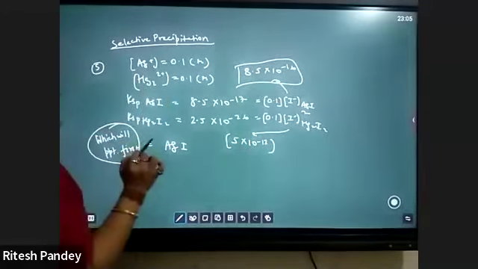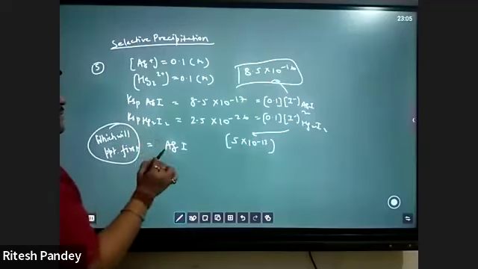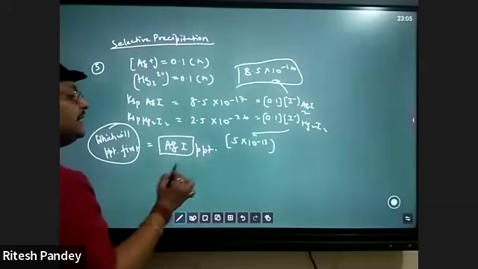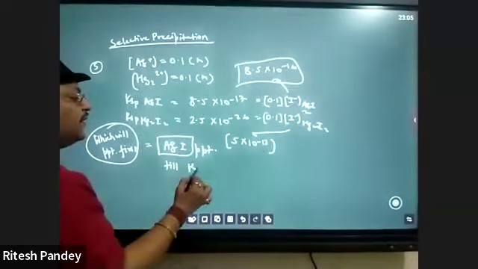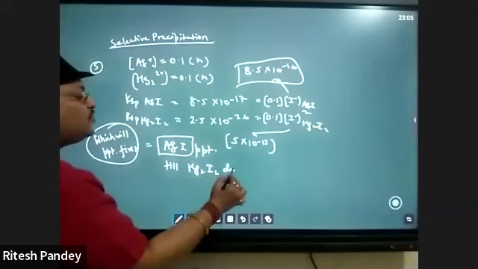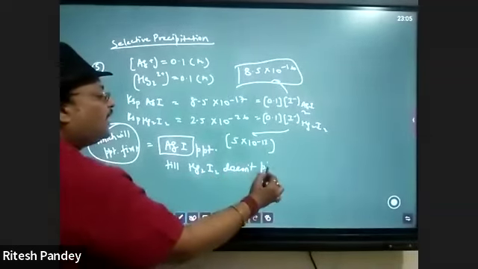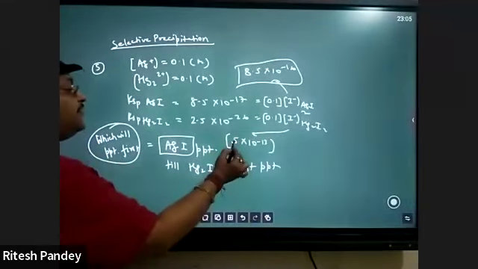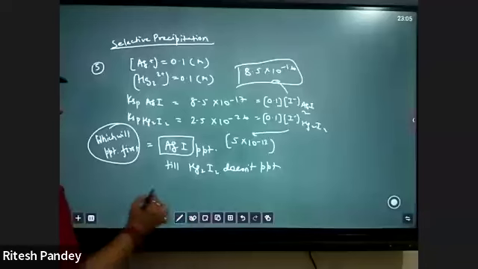Now, what is selective precipitation? You have to precipitate AgI till Ag2I2 does not precipitate, and Ag2I2 will not precipitate till I minus exceeds this value.